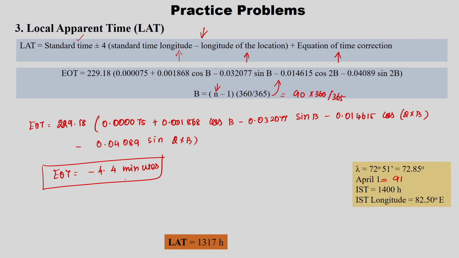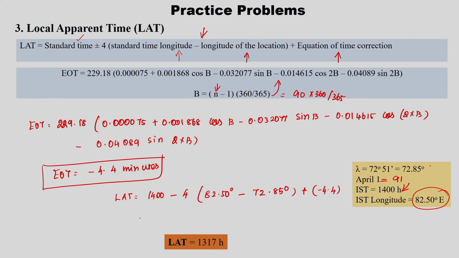The second correction is plus or minus, as we have already told. If your calculation is based on the eastern hemisphere, then we are supposed to use a negative symbol. The standard time given here is IST of 14 hours. So, LAT is 14 hours minus 4 into the standard time longitude, 82.50, minus the longitude of the location, 72.85 degrees, plus minus 4.4 minutes of EOT correction.